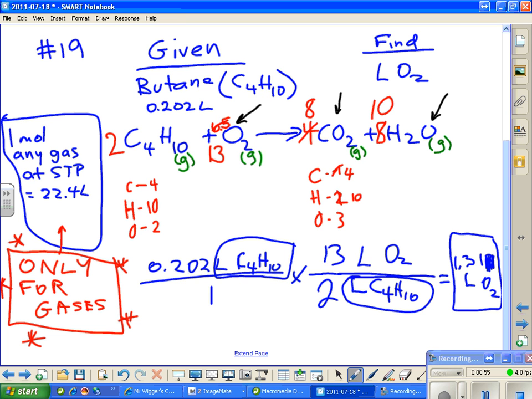So we balanced, first of all, the carbon on the left with the carbon on the right. Since there were 4 on the left, that's why we started out with a coefficient of 4. Then we balanced the hydrogens on the left, which were 10, with the hydrogens in water. And how did we get an 8 here?